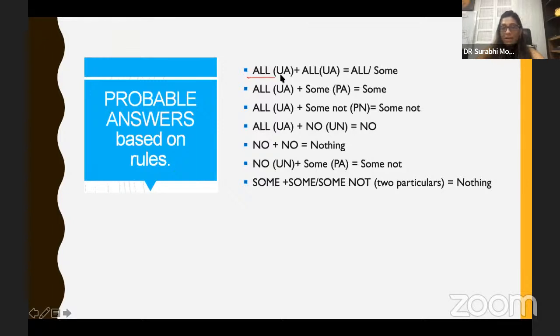We can combine an all with an all. Our answer will come out either as an all answer or a some answer, because the rule says two universal affirmatives, which means all and all, will always give an answer which is either all or some.